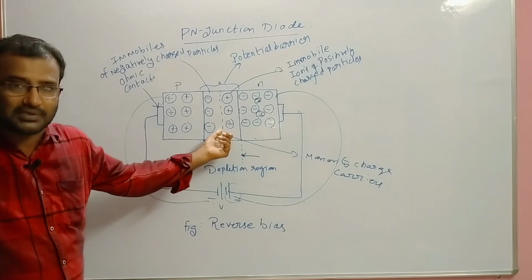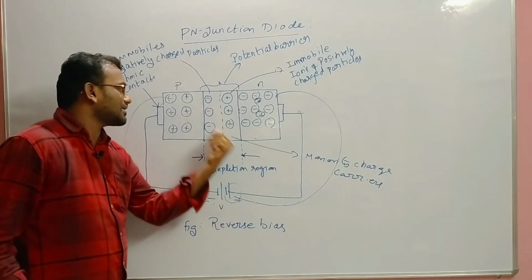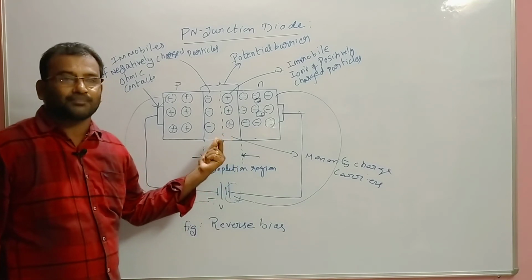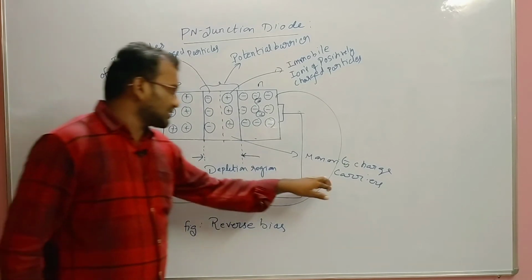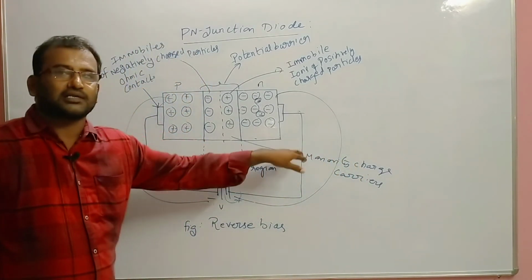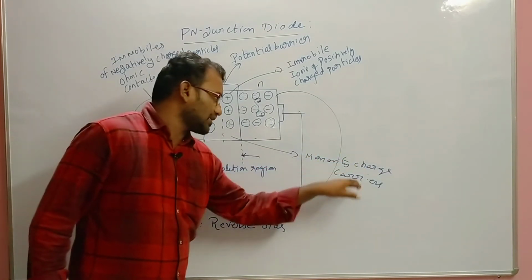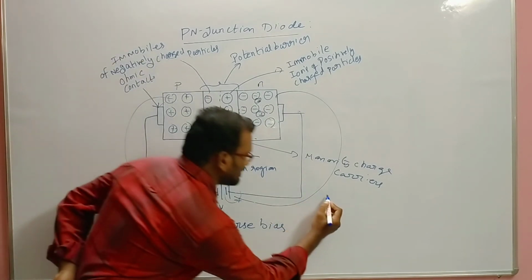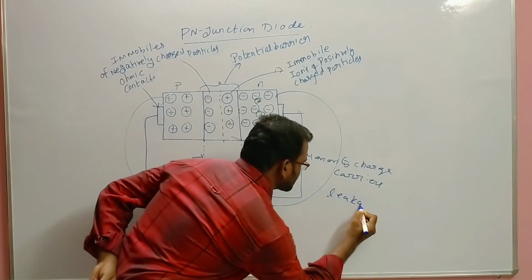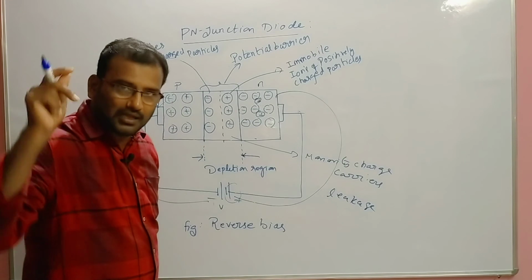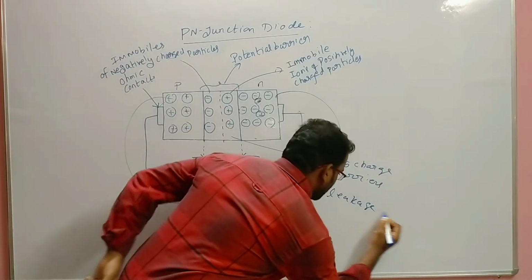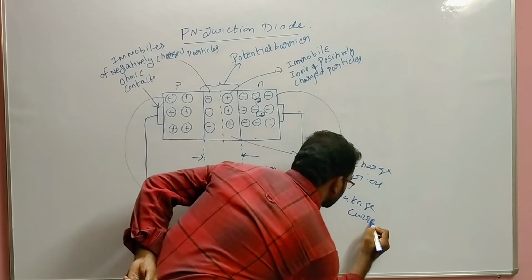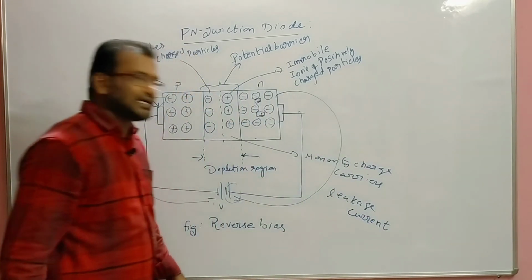Why is it called leakage current? Because there is a potential barrier depending on silicon or germanium. Based on these minority charge carriers, we call it leakage current. We cannot say there is no current; there must be some current due to this electric potential. Is it clear? So that is called leakage current.